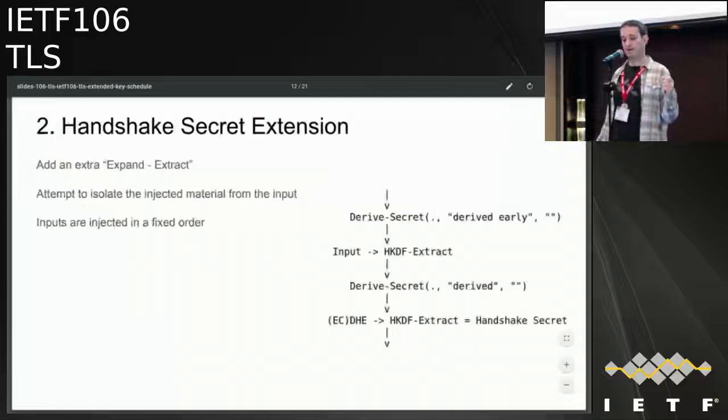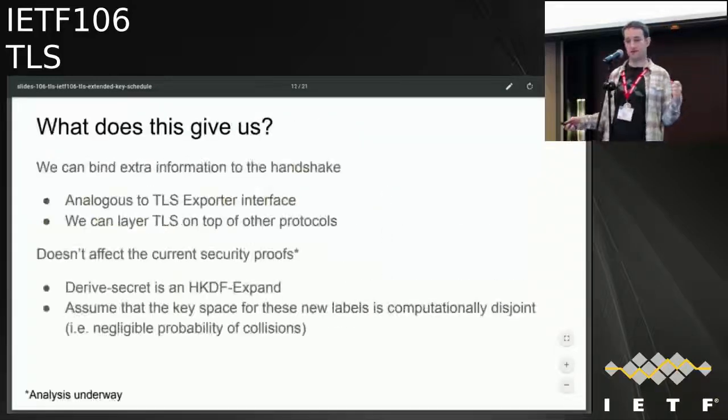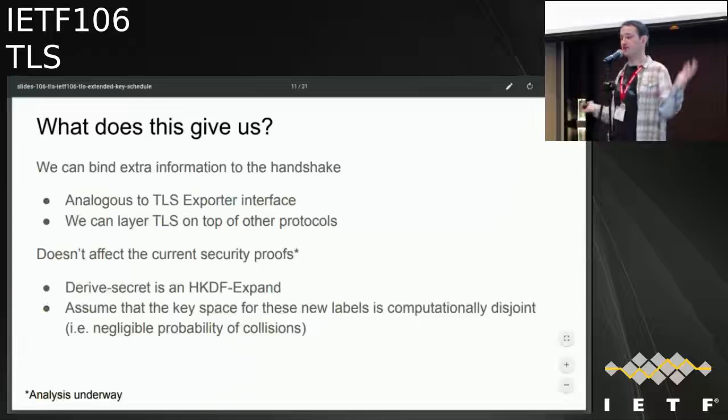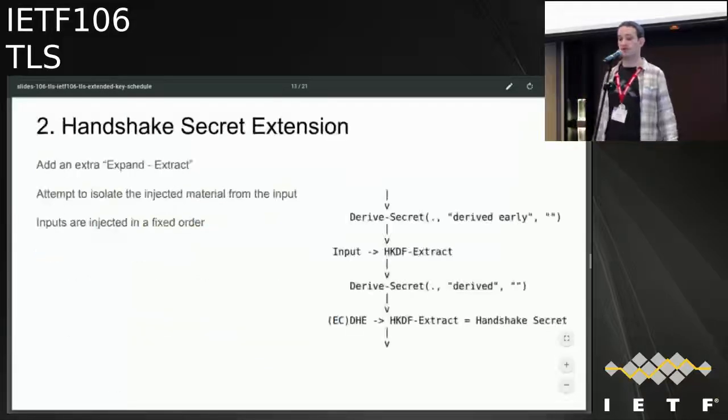Okay. Oh, did I finish this slide? Oh, yeah. The reasoning why it shouldn't affect the security proofs is we're doing an HKDF expand, and we assume that HKDF expand gives us computationally disjoint key spaces. Okay. The second piece is here.